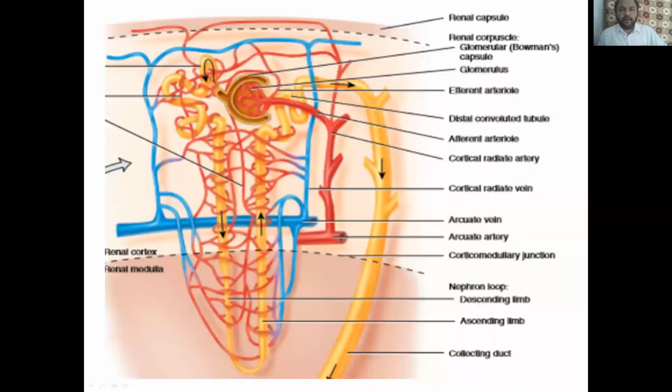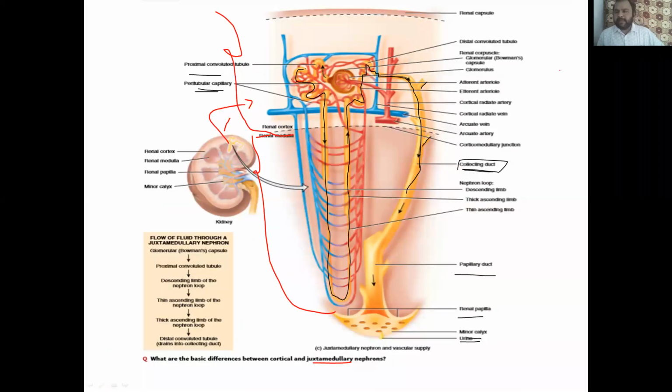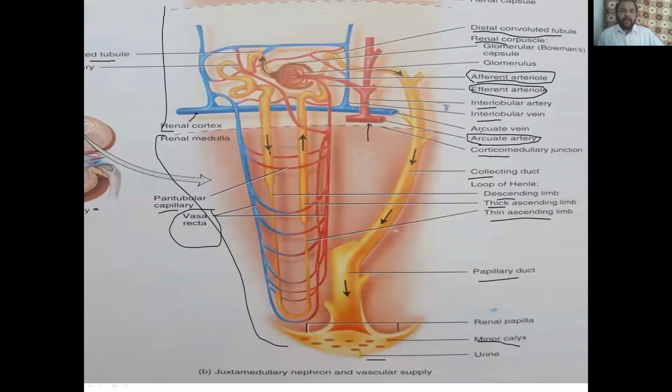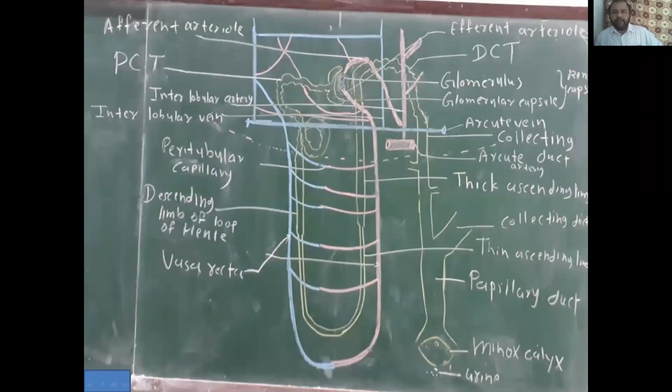Okay. So we will restrict our talk to the juxtamedullary nephron, but there is not so much difference. If I ask you to draw the diagram on the blackboard, the diagram would be like this. This is a diagram that is actually drawn on the board. You can see here, it is the glomerular capsule, renal capsule, then PCT, then this is loop of Henle, then DCT.